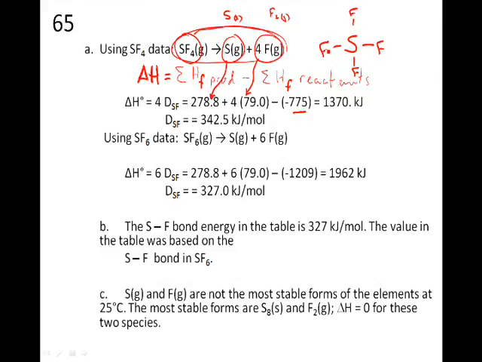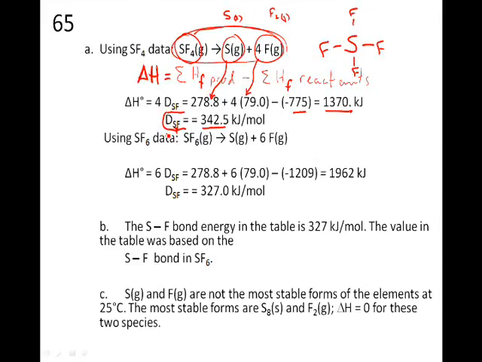In fact, there are 4 of them that we are breaking, so the enthalpy for this reaction is for breaking 4 bonds, and so we divide that by 4 and we get 342.5. That D, remember, is the dissociation energy, the energy to dissociate that sulfur fluorine bond.